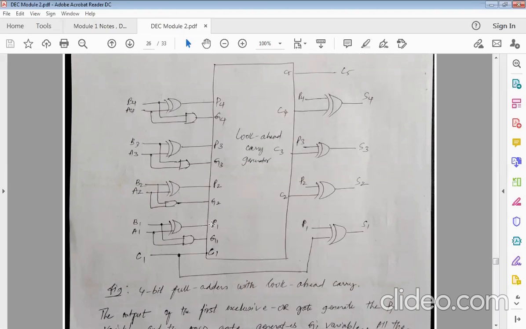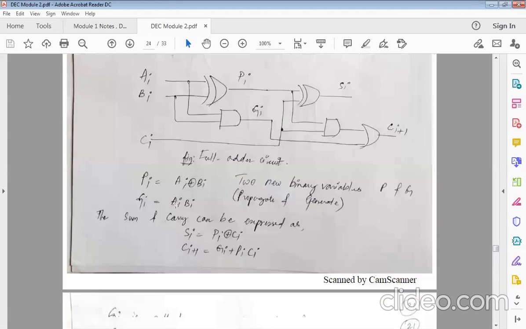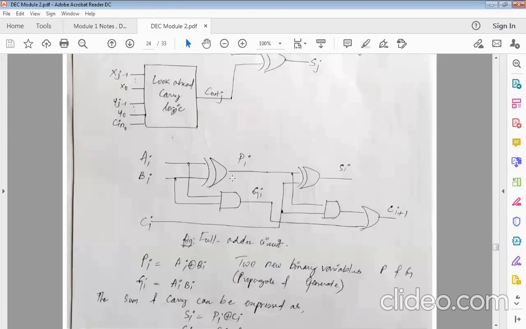For propagation, I will use an XOR gate, and for generation, I will use an AND gate, the same as we saw in our adder circuit.